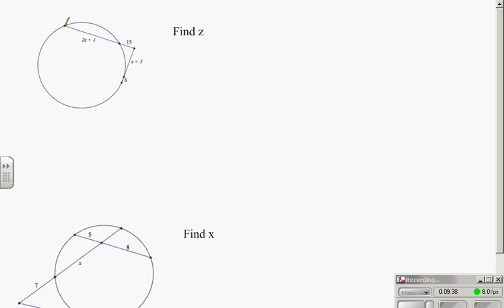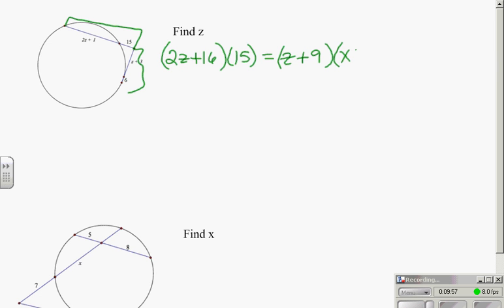So, secant tangent. I'm sorry, 2 secants. It's a very little one, but 2 secants. So the whole, which is 2z plus 16, times the outside part, which is 15, is equal to the whole, which is z plus 9, times the outside part, which is z plus 3.